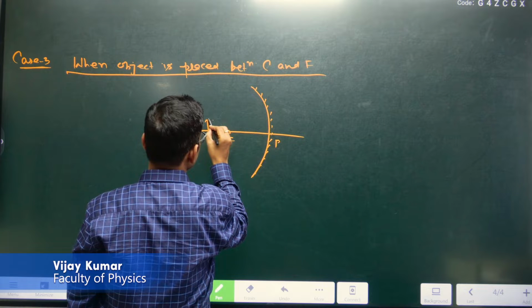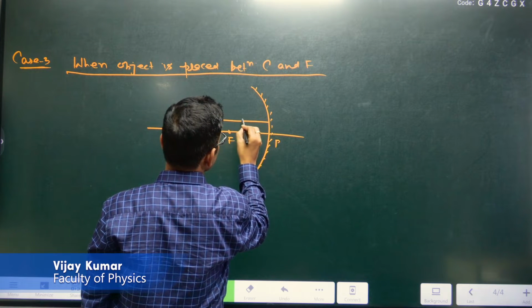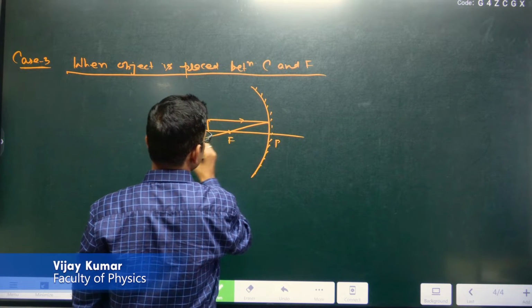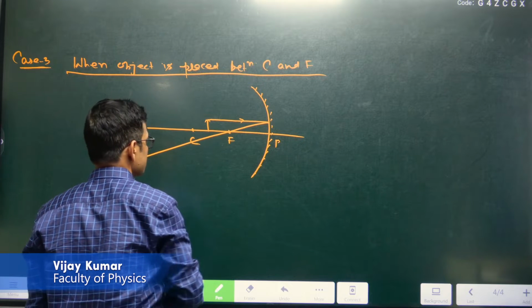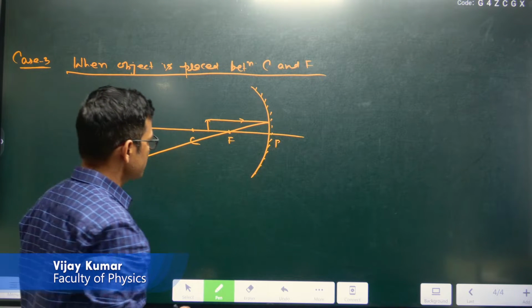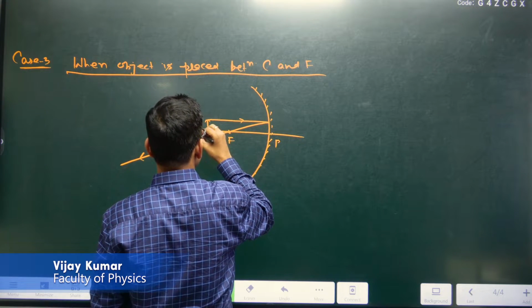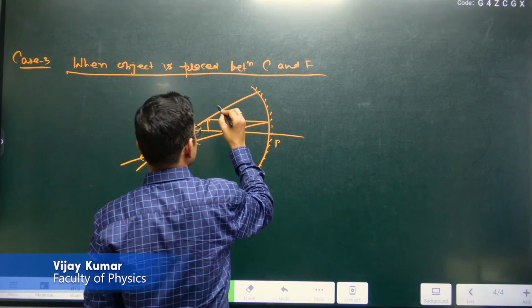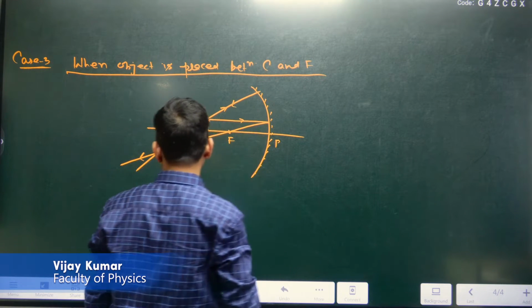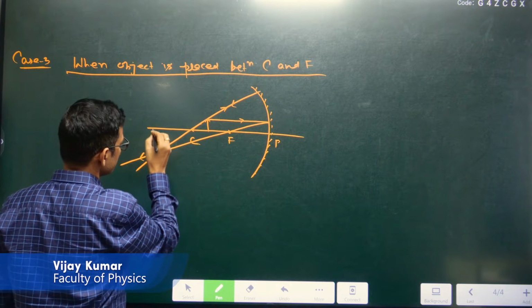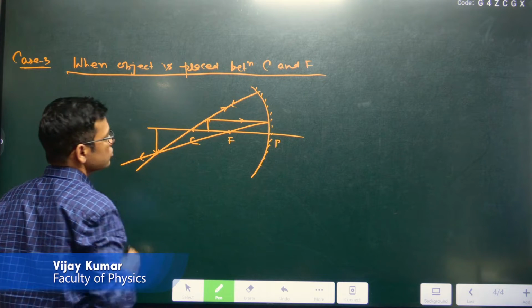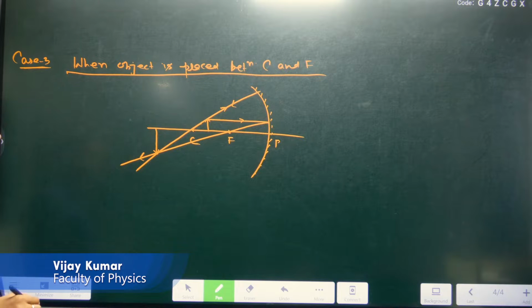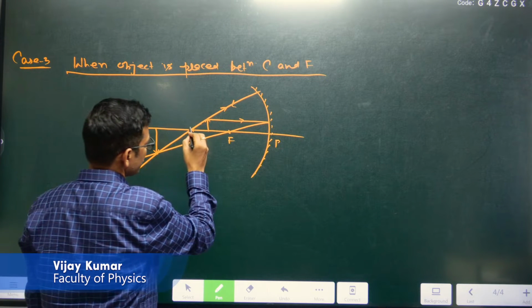Again the first ray will be parallel to the principal axis, and after reflection from the mirror it will pass through the focus. The second ray passes through the center of curvature and retraces its path. So this is the intersection point of the two rays. We can analyze this.